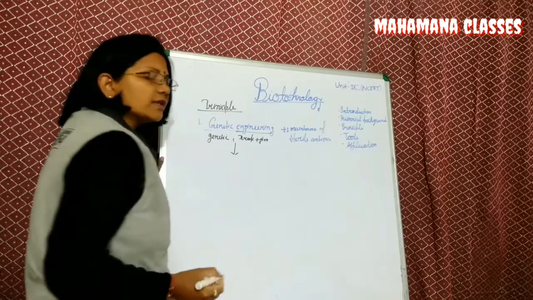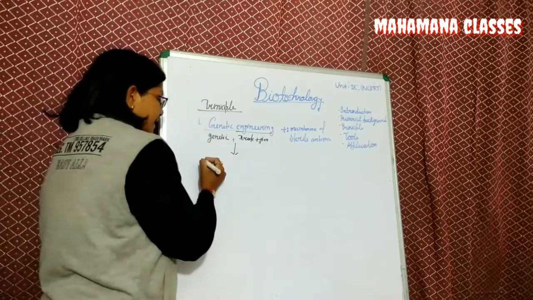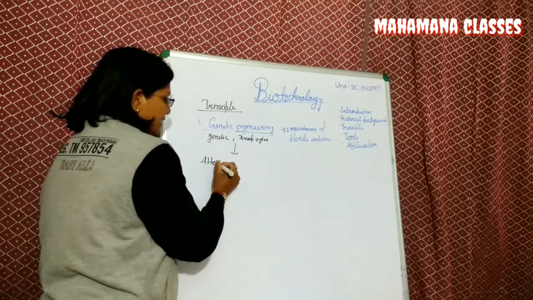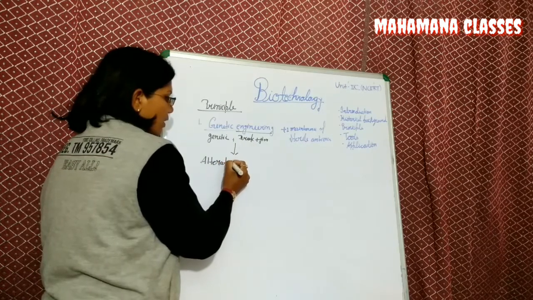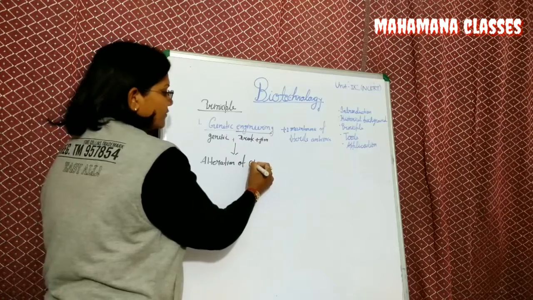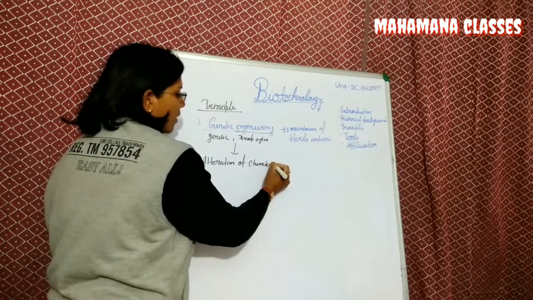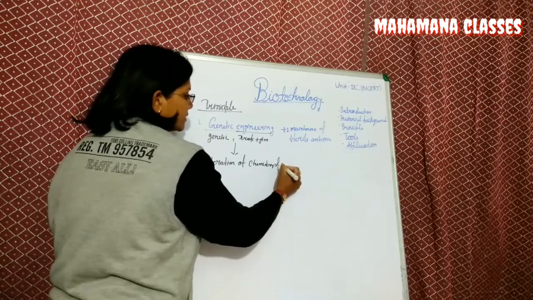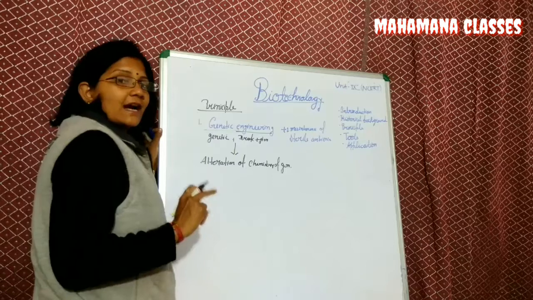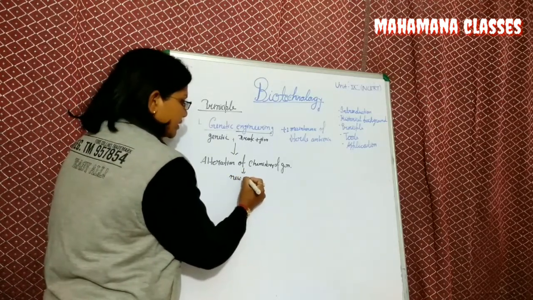So the outcome of genetic engineering is just an alteration of the chemistry of genetic material, creating a new combination.